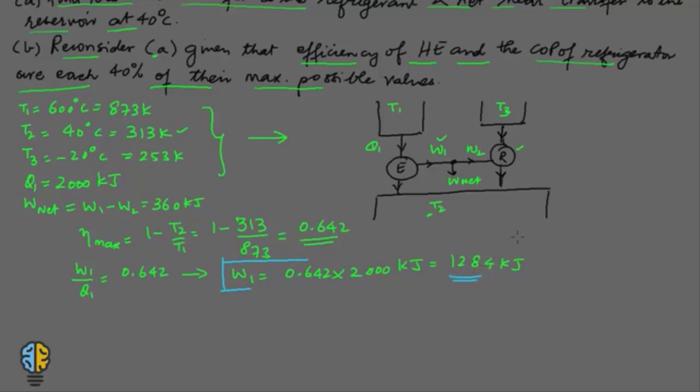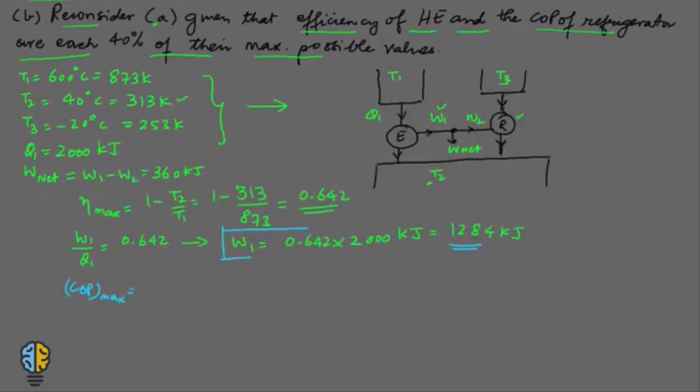Now after this, let's find out the maximum COP. So COP max is the desired effect by the work input. Now if you look at this refrigerator, the amount of heat that is being rejected to the engine is Q2.